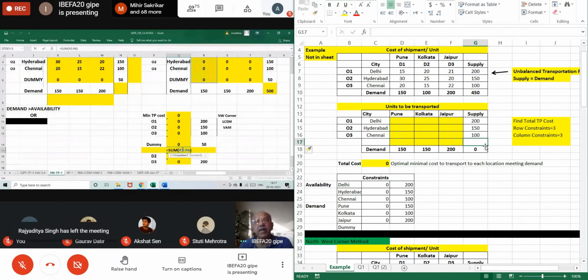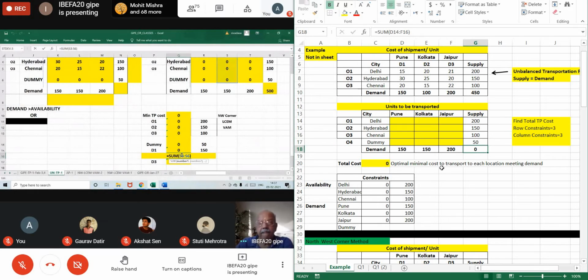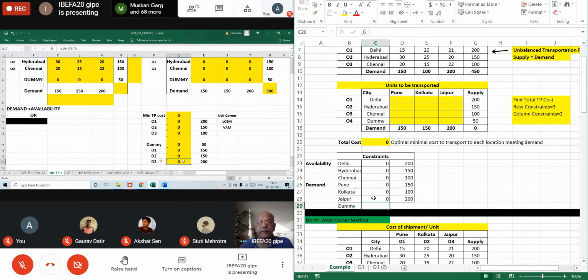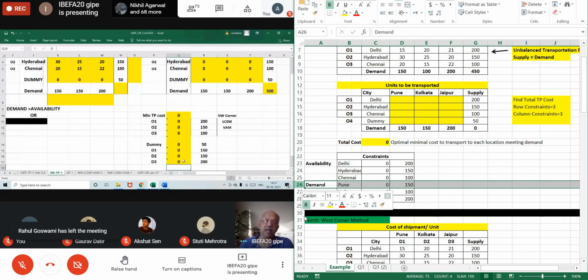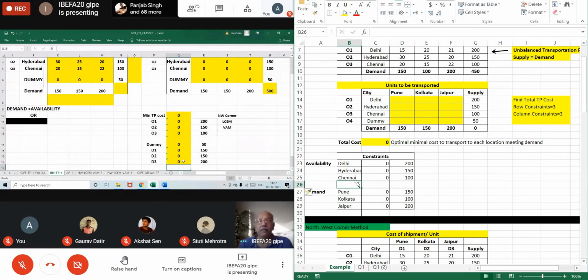Similarly, column constraints. So that is not new. Row constraints and column constraints. So there are 4 plus 3, 7 constraints. One will be dummy.